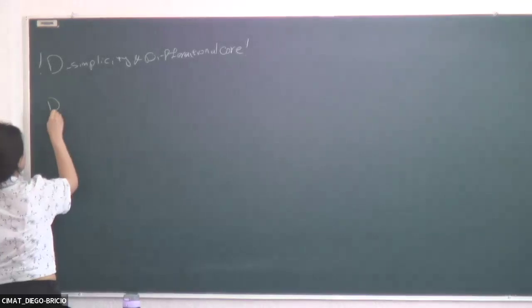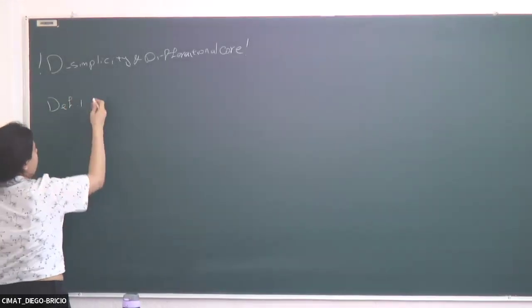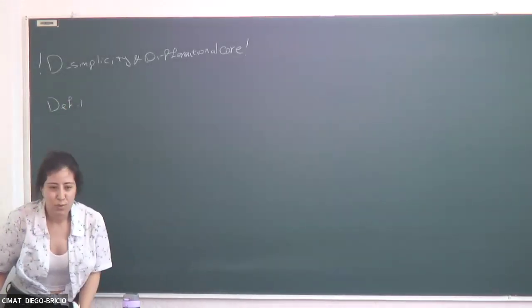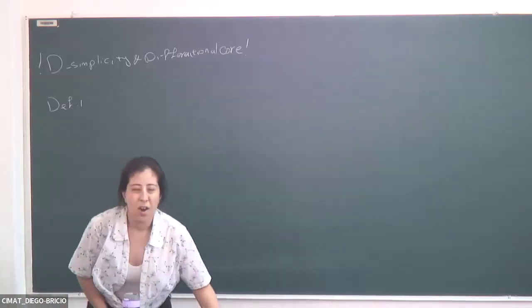So first definition. For the rest of the talk, I assume that R and A are commutative rings.